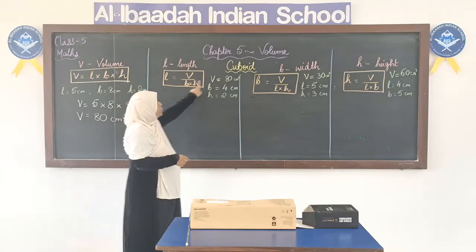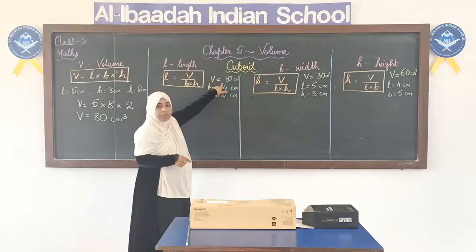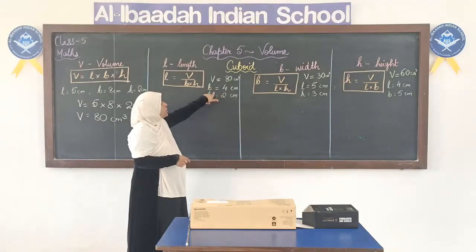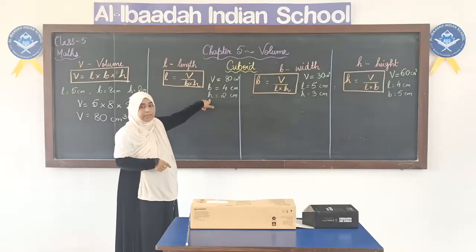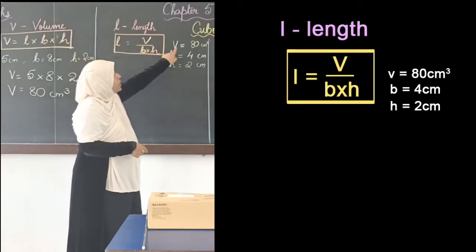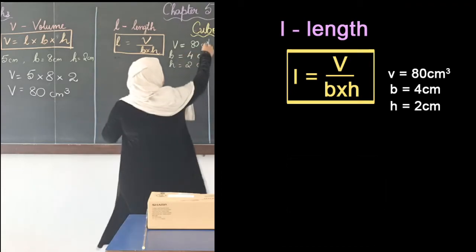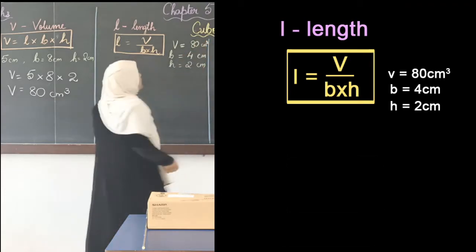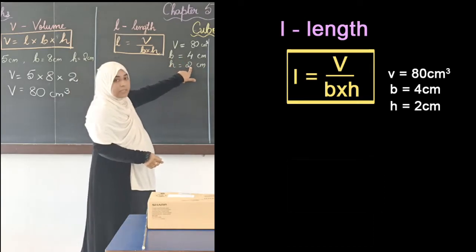That means we should know the volume of the cuboid, we should know the width of the cuboid and height to calculate length. Okay. Here I have an example where volume is 80 centimeter cube. Then width is 4 centimeter and height is 2 centimeters.